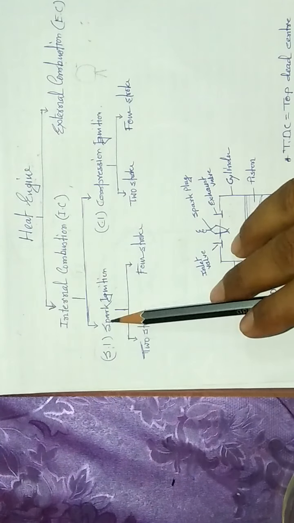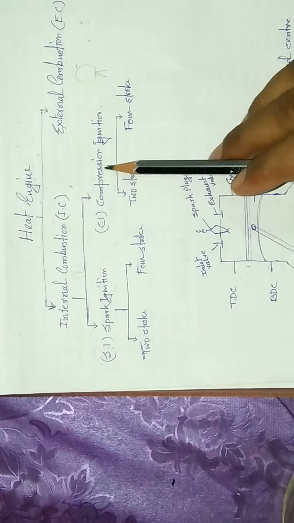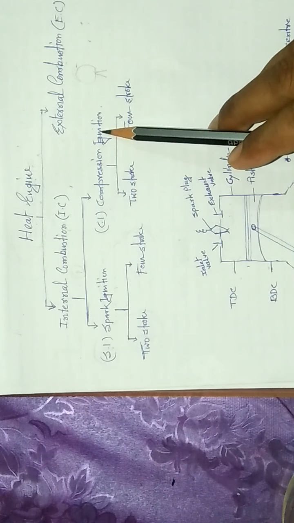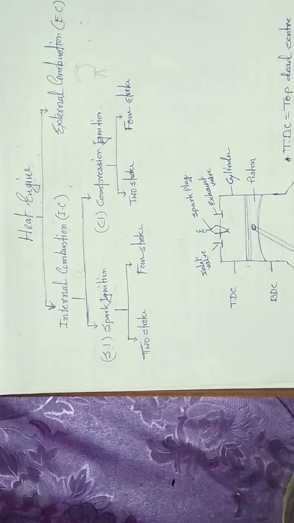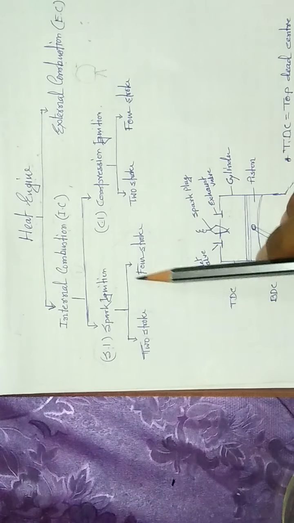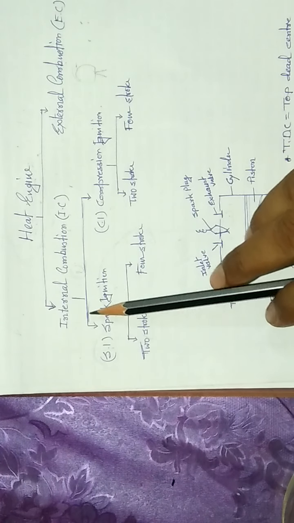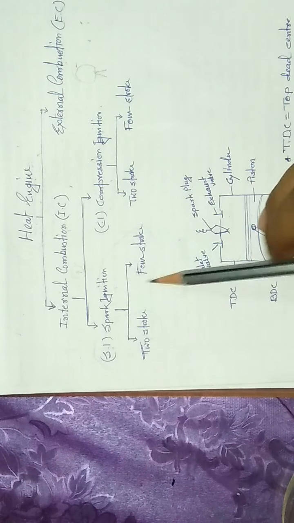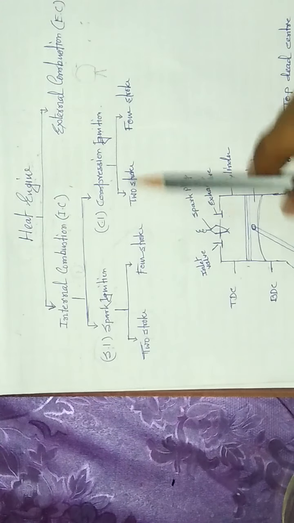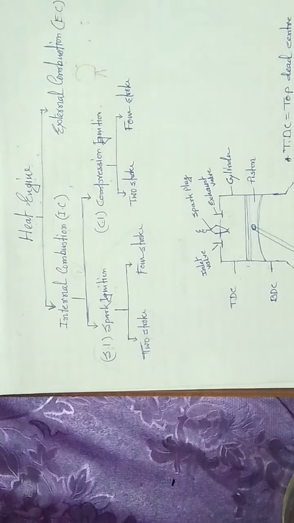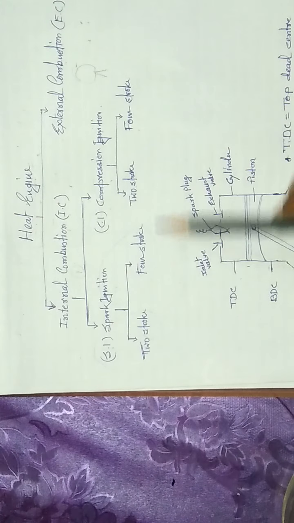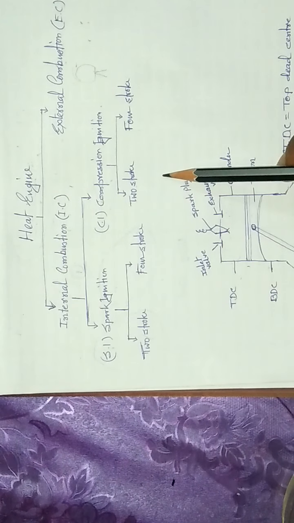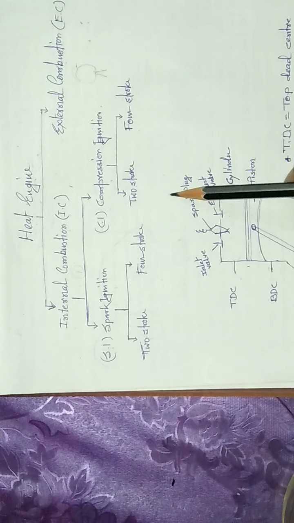SI means spark ignition and CI means compression ignition. Again, we can classify both SI and CI engines into two-stroke and four-stroke. Here is the complete classification of the heat engine.